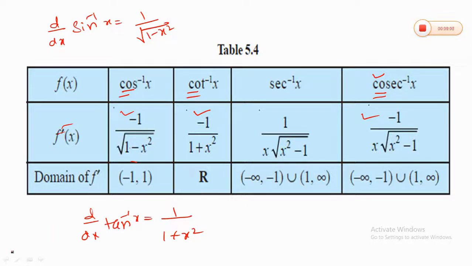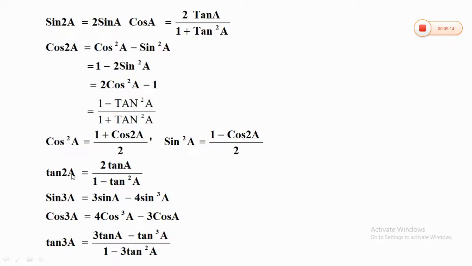Yes. So for next class, you must remember these formulas, all the formulas that you learnt in the first year. Observe here sin 2a, there are two formulas, 2 sin a cos a and 2 tan a upon 1 plus tan square a.